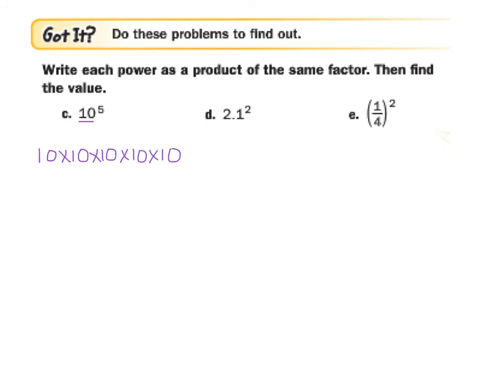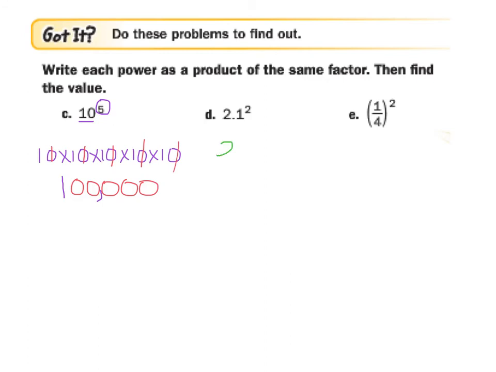What's nice about powers of 10 is we simply write down the 1, and then the exponent tells us how many zeros to put behind it, because here I have 1, 2, 3, 4, 5 of them. And then I just have to put my commas in. So 10 to the 5th power is 100,000.